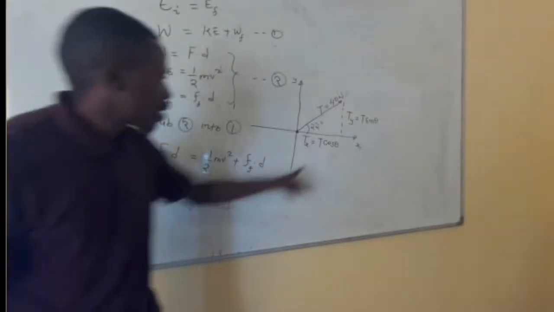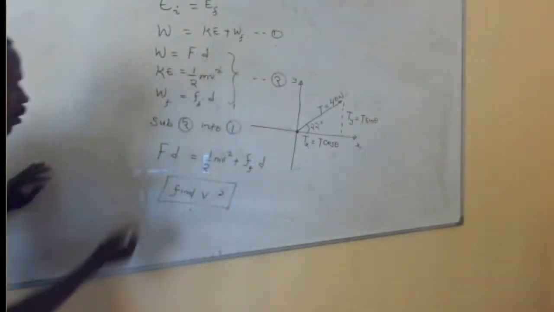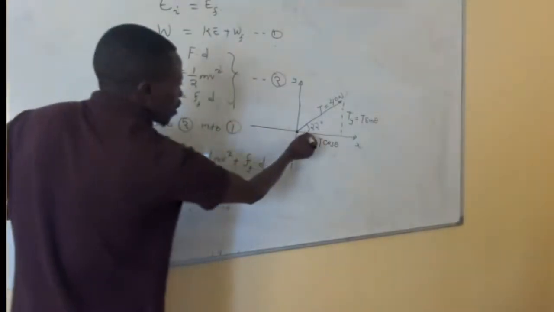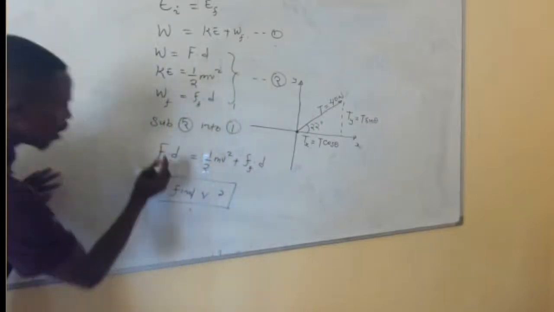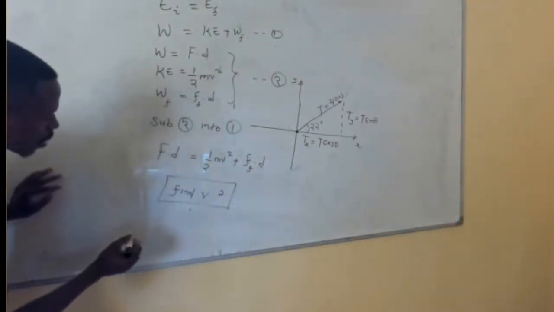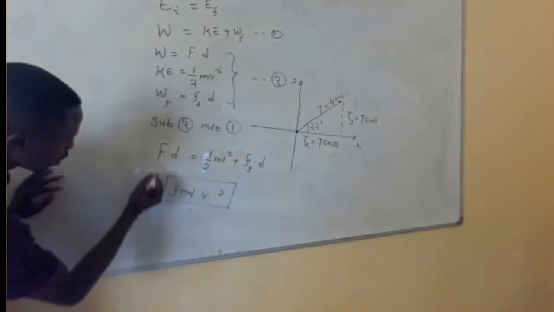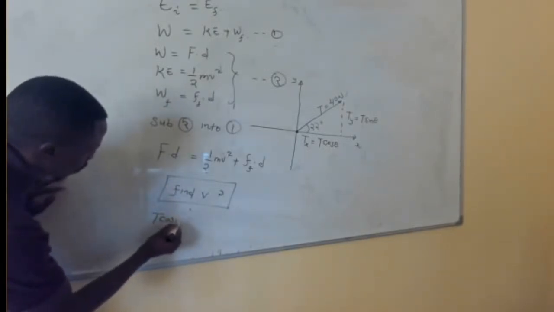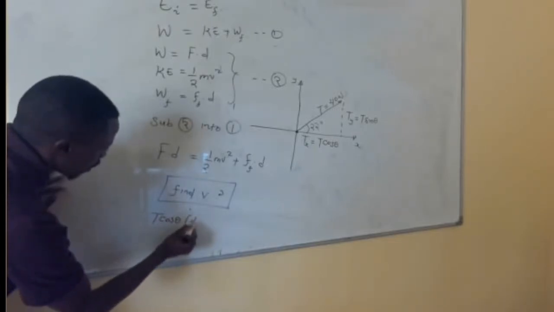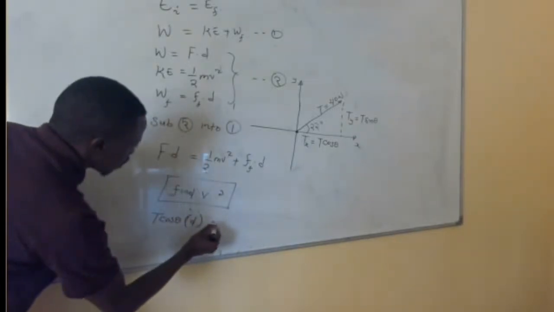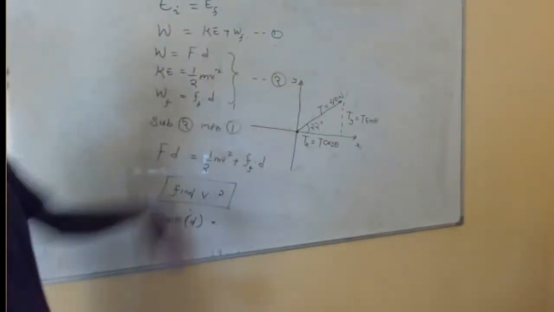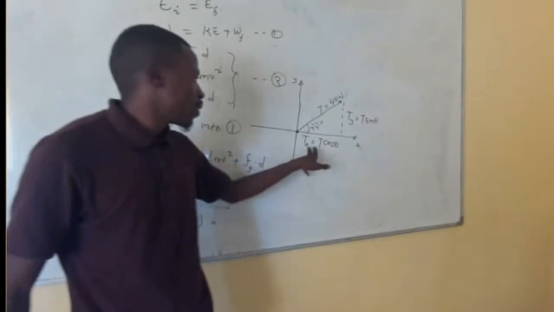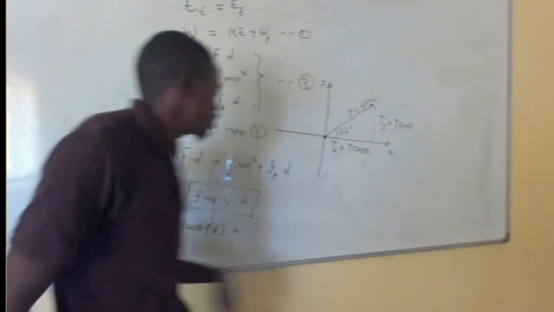So when we break down the components of T, which is being applied at an angle, and replace it in our force times distance equation for work, that reduces to T cos theta multiplied by the distance, because this thing is moving in the horizontal direction, so our force is now replaced by the horizontal component of the tension.